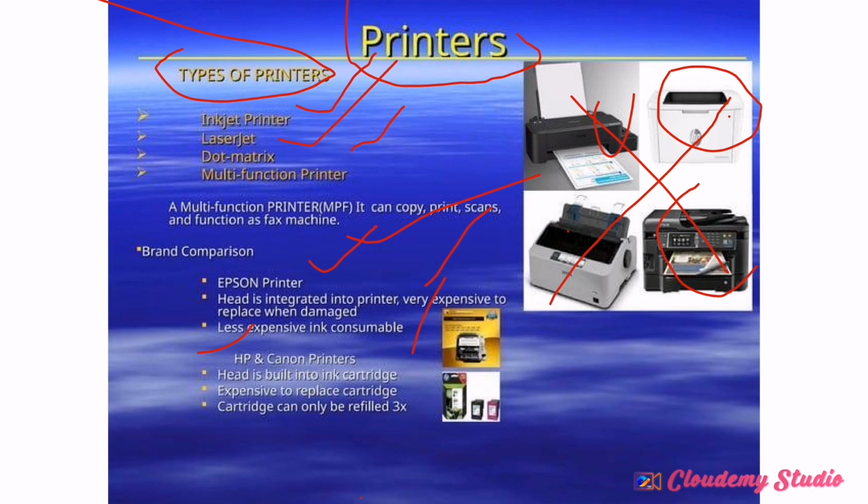So you find that every time you'll be having to buy sensors for your printer. But with Canon and HP, you will just be working throughout, with only the issue of buying ink or replacing the toners. So for the cartridge, you can refill up to 3 times. Okay? Sure. So we can proceed.